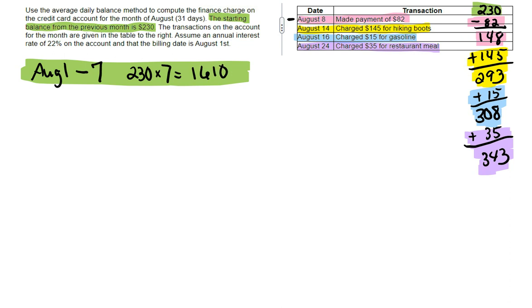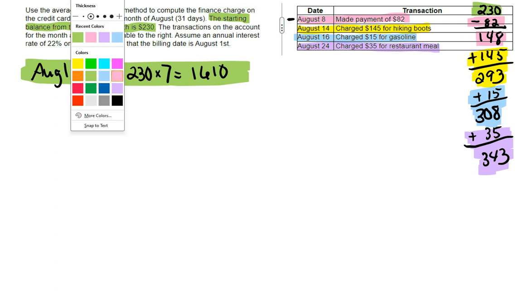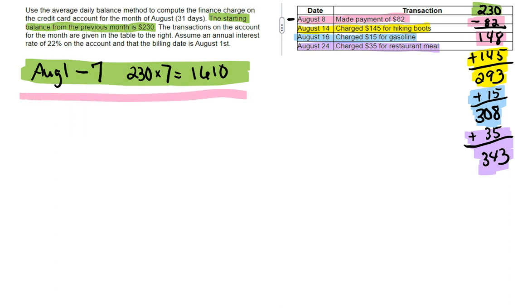Now I go to the pink because that is where something changed. So on August 8th until the 13th, because on the 14th it switches to yellow and I made another charge. But in pink, I made a payment, and the balance, I already showed it over there, is 148.